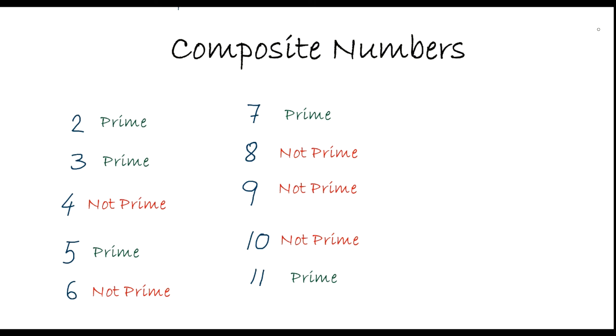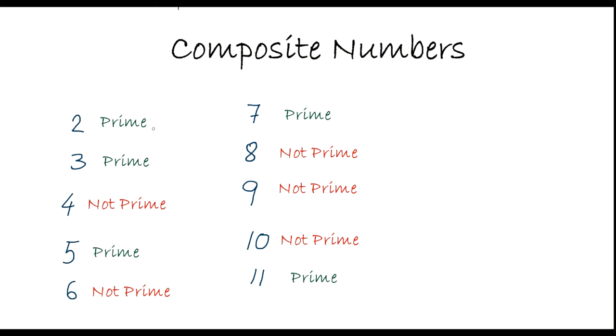A composite number should have more than 2 positive divisors.